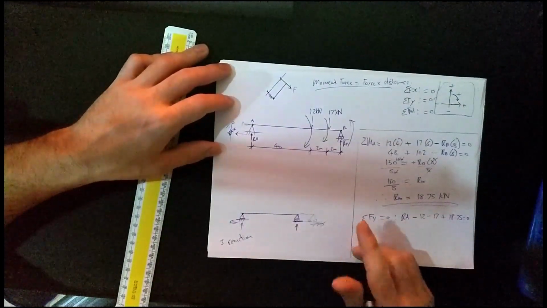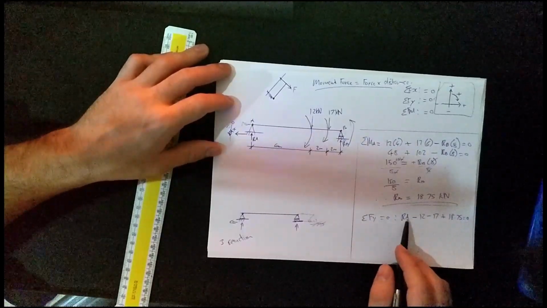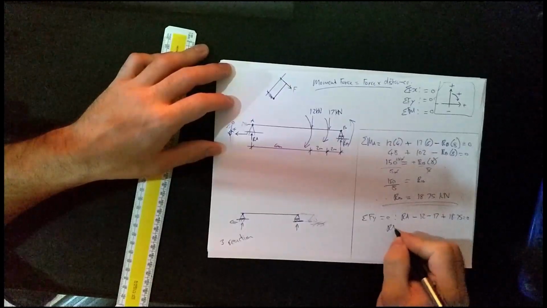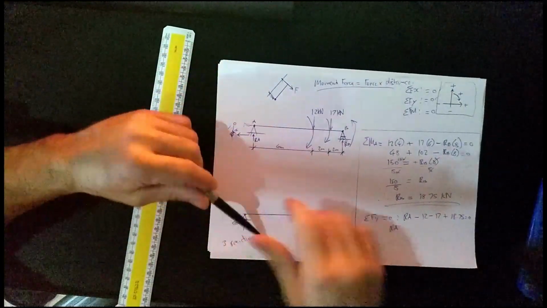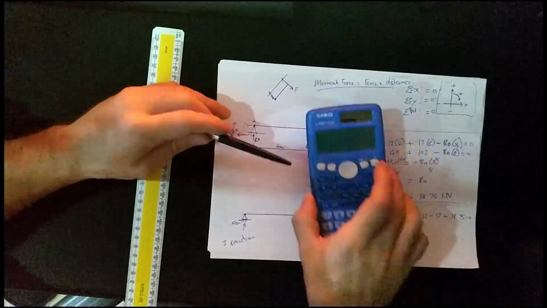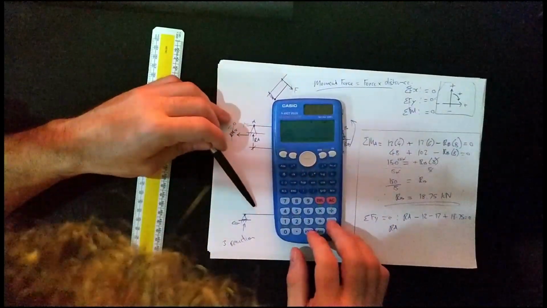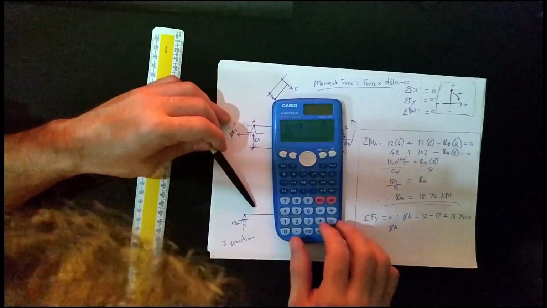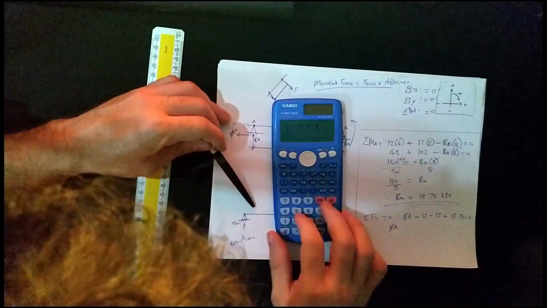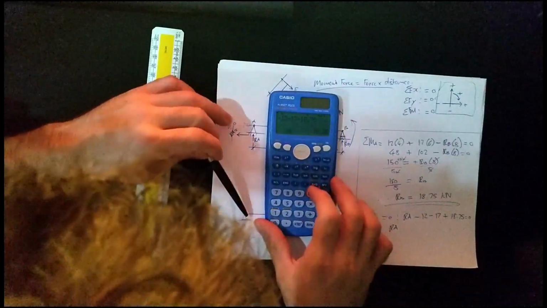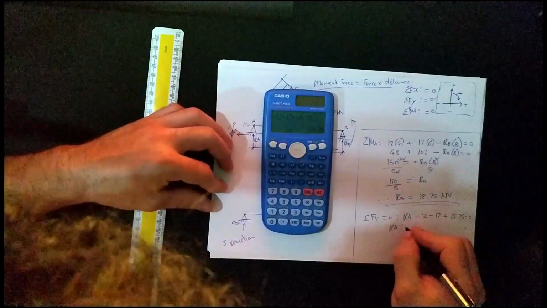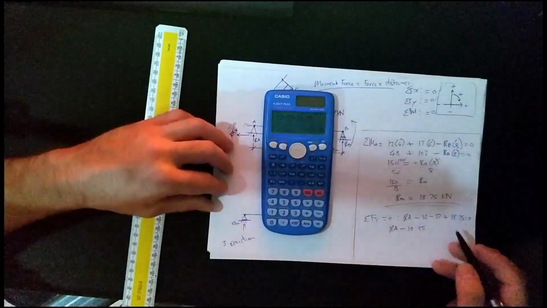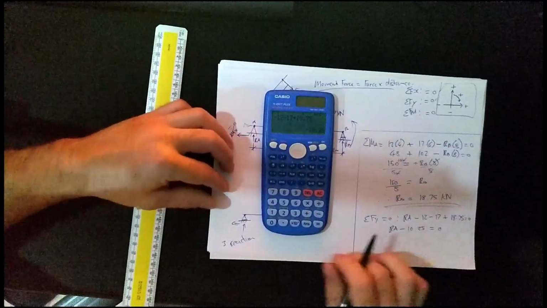So now we're going to do the same thing. We're going to work these all through first, make it more simple. Minus 12, minus 17, plus 18.75. That gives you minus 10.25. And that equals 0.